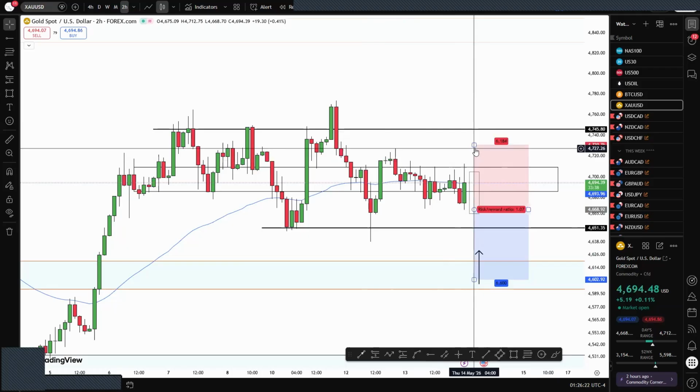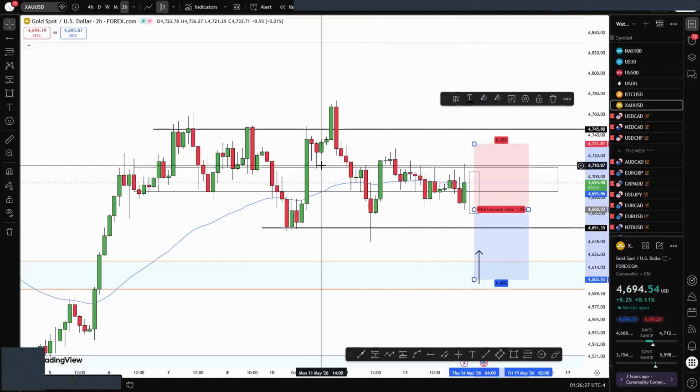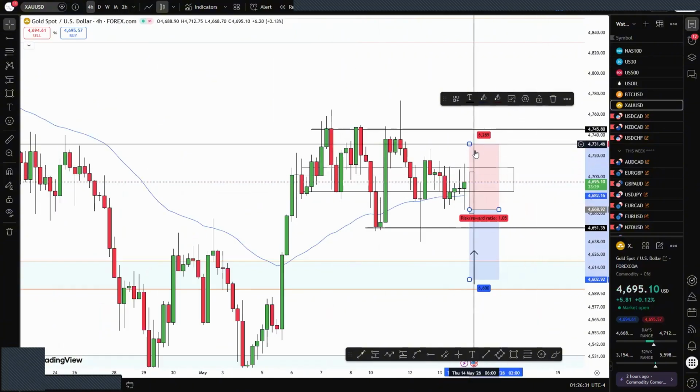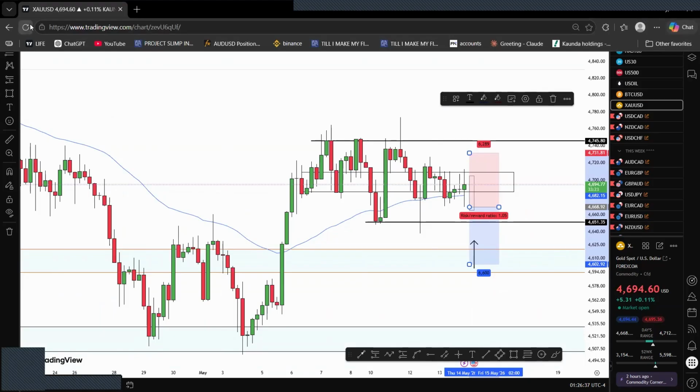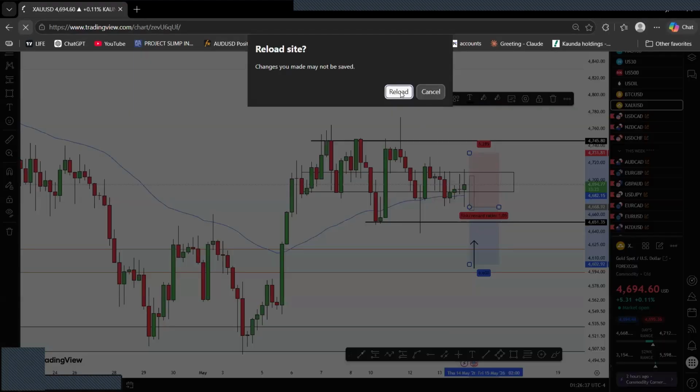And if I enter on the 2 hour time frame, you obviously put your stop right above here. So that's why I'm saying it's above at that level. Let me just refresh this, because I don't even want to be seeing that 2 hour time frame, because we don't need it.